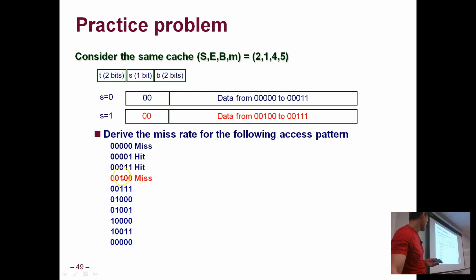And so you set the tag to 00. This gets data from 00100 to 00111, the next 4 bytes. And then when you do 00111, you had already brought that in on this cache line, so that's going to be a hit. And likewise, you can show yourself that you get this access pattern.